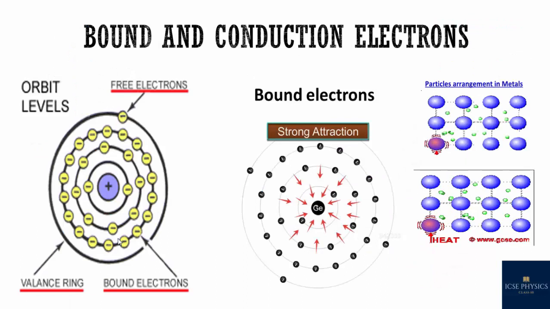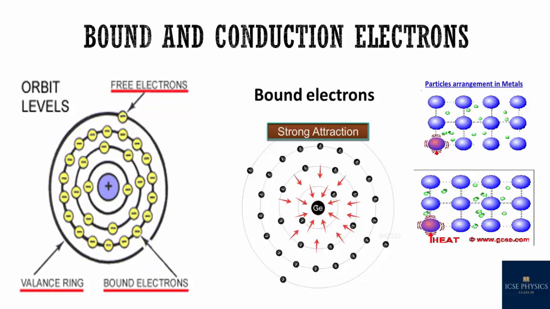Now, what are bound and conduction electrons? As you can see from this figure, this plus charge shows the nucleus, and all these electrons revolve around the nucleus in definite orbits. The bound electrons are the ones which are close to the nucleus, because they are tightly bound to the nucleus by a strong attractive force.